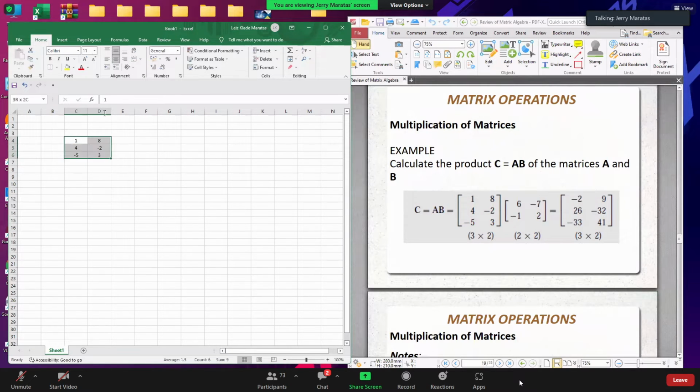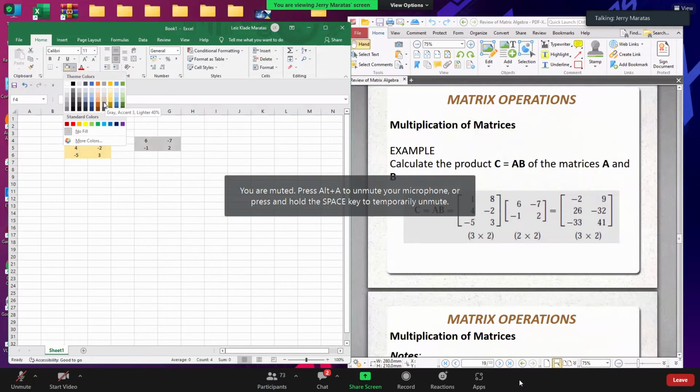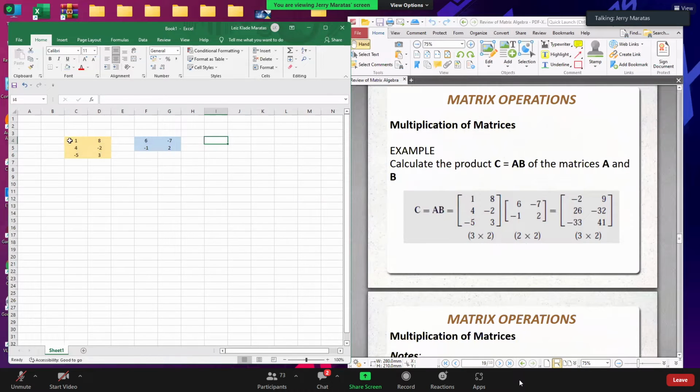This is your matrix A. And matrix B is 6, -1, -7, and 2. So this is matrix B.